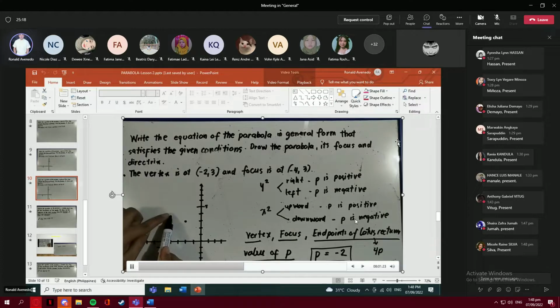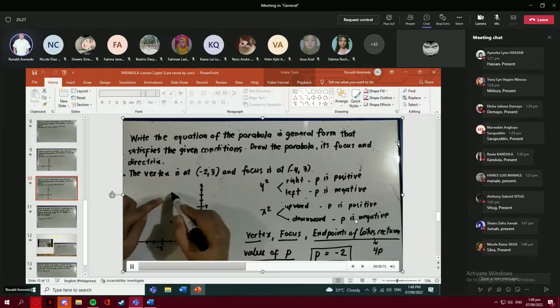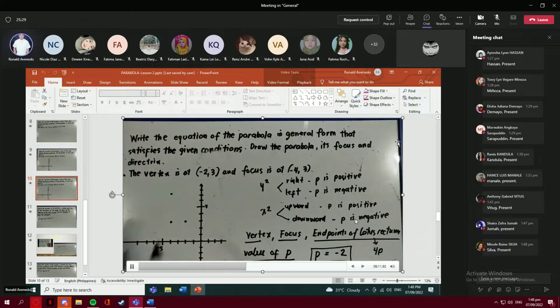So 1, 2, 3, 4. So dito ang isang endpoint. Then 4 upward, 4 din downward. So 1, 2, 3, 4. So these are now the endpoints of latus rectum.